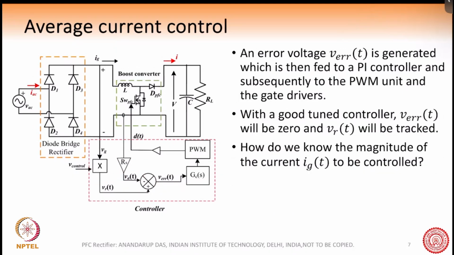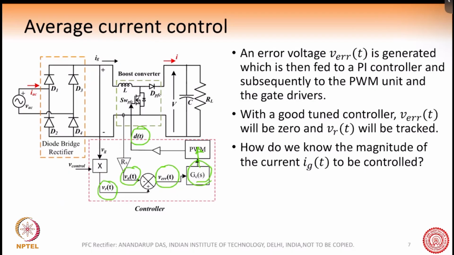So anyway, once we have the reference voltage and the feedback voltage, we can get this error voltage, which is basically the subtraction of these two, and then it is fed to a PI controller, which will generate the PWM pulses and give the duty cycle for the switches.